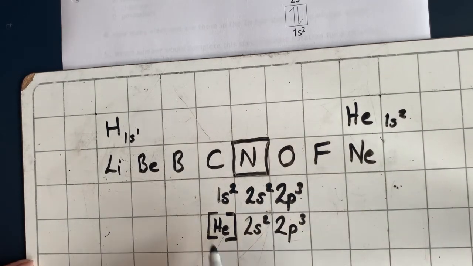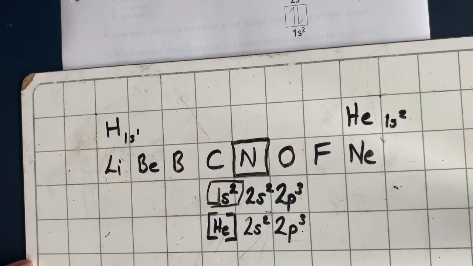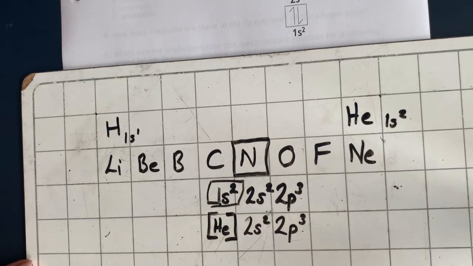It doesn't seem like this is saving us much time, because we've got 1s2 here and square brackets with helium here. But when you move yourself further down the periodic table, it means you're never really accounting for any more than 18 electrons past your last noble gas.